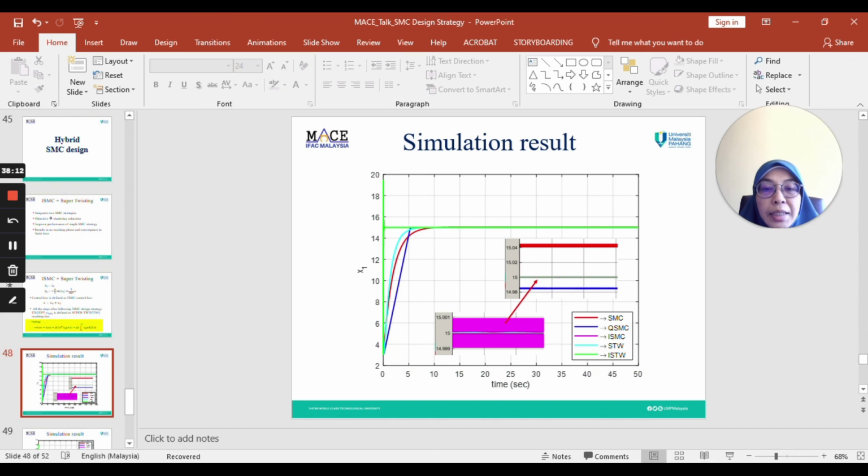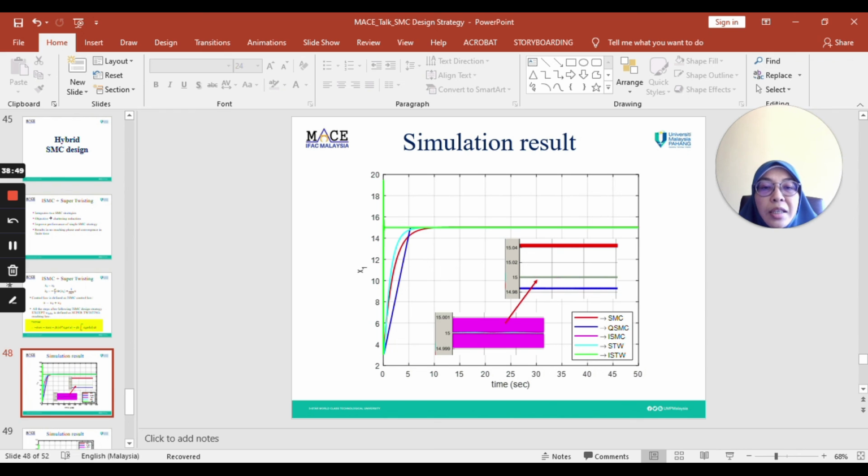When we look at ISMC, there is still chattering there. However, for super twisting there is no chattering, but super twisting alone still has what we call the reaching phase, and for ISMC plus super twisting, we remove that reaching phase.